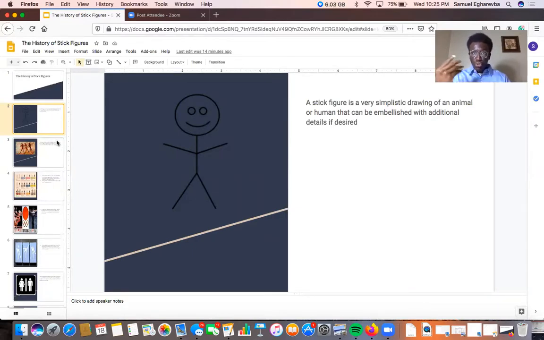But you can usually take it a step further by adding eyes and a mouth and even some hair, which can be colored any color you like. And you can even take it a step further than that and add fingernails and toes and fingers, just to give it a more realistic type of depiction.